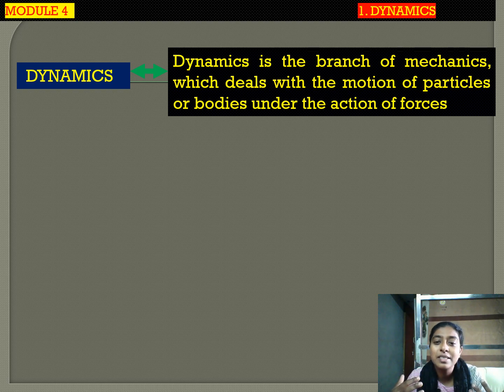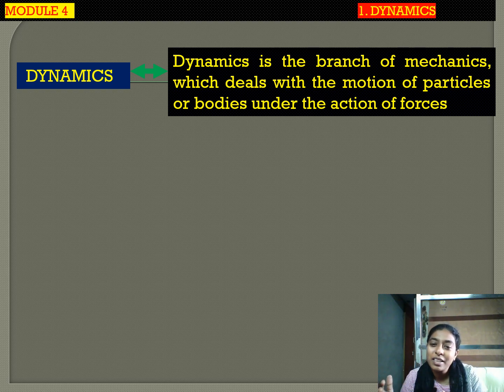So dynamics comes when we apply a force. Once you apply a force, the body starts moving. Even after the removal of the force, the body will still be in a moving state for a short duration. Then it will come to rest.